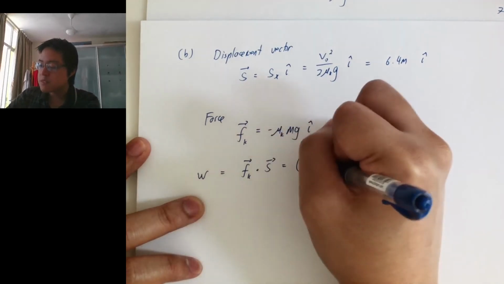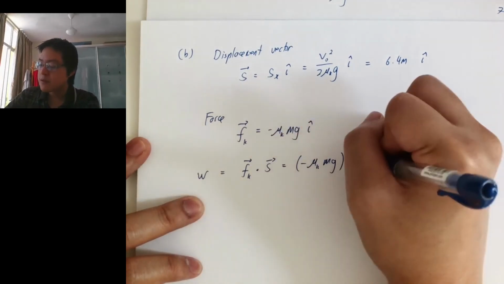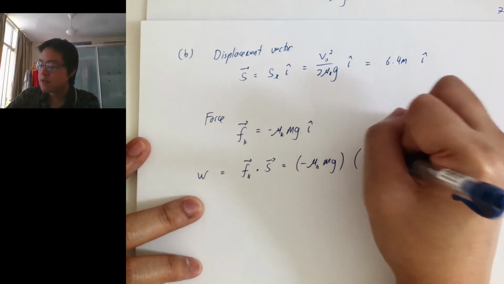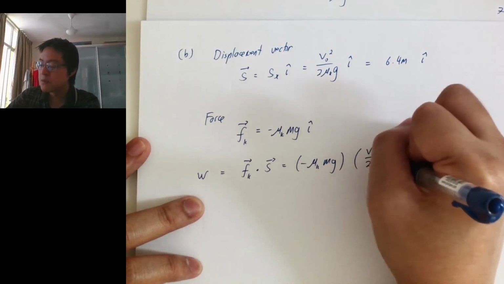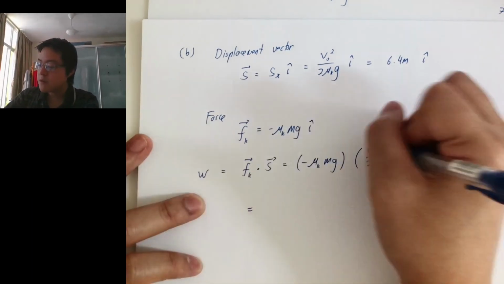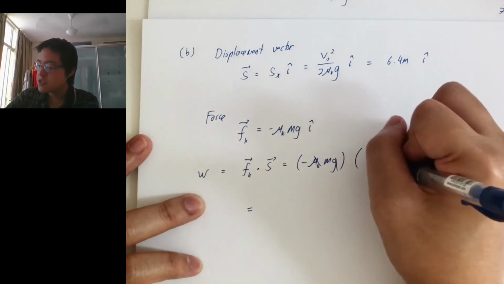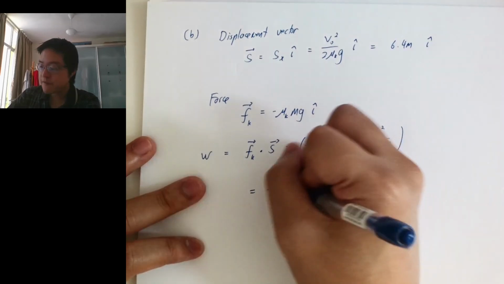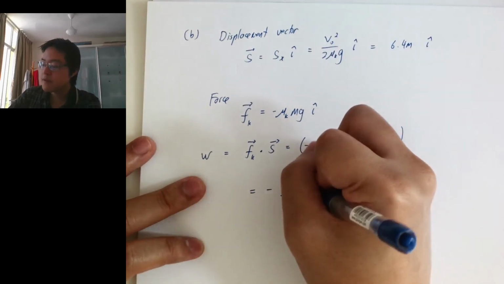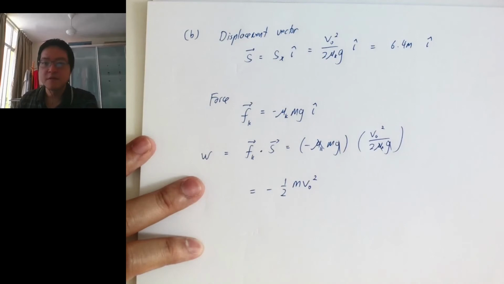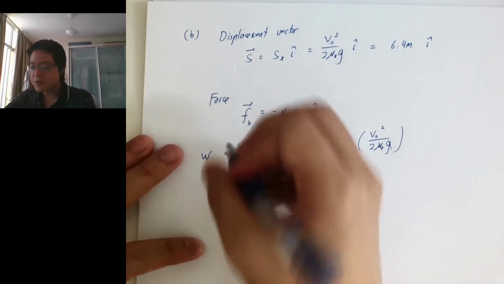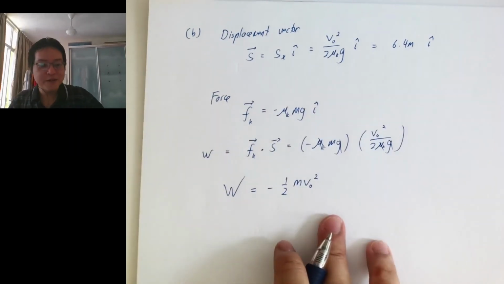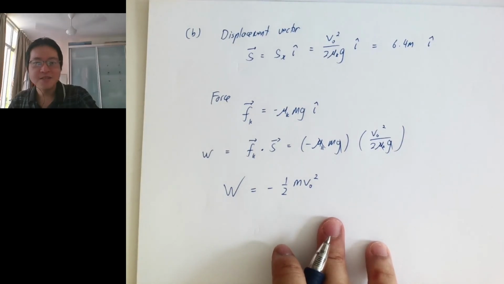So I got minus mu k mg, dot product with v squared over 2 mu k g. Then we cancel the mu g, and I got minus half m v squared. Why does this look so familiar? This is half m v squared.